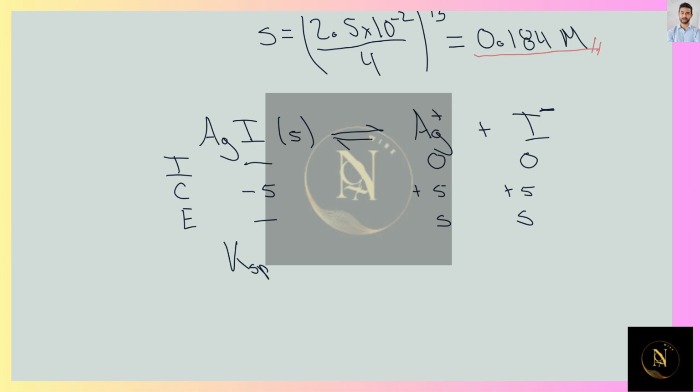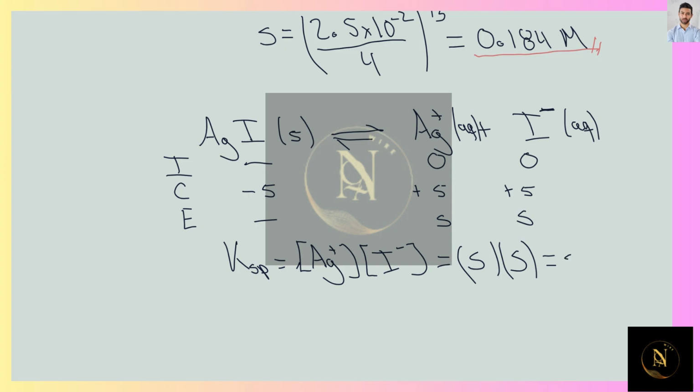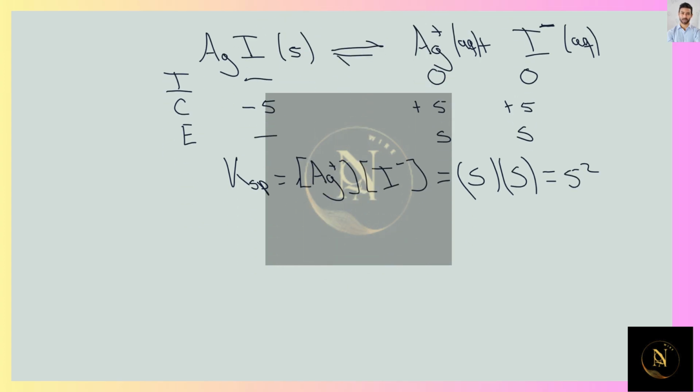Writing down the solubility product constant for this compound, this is simply the concentration of Ag plus times the concentration of iodide. Of course, this is in aqueous solution, in case you have a picky professor. And this is going to be S times S, thus S squared. So when we have a solid that is made up of only one cation and one anion, we have a one-to-one correspondence.